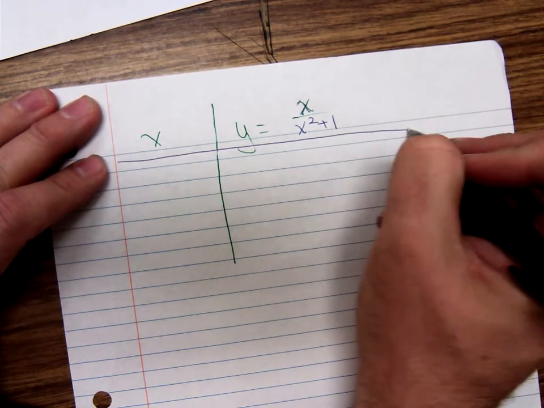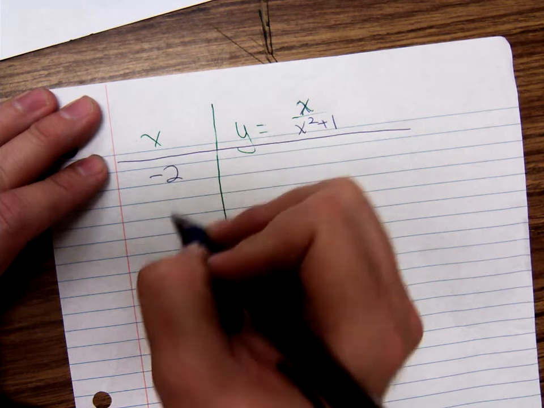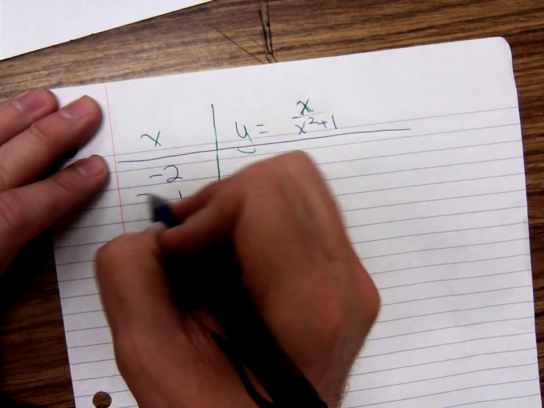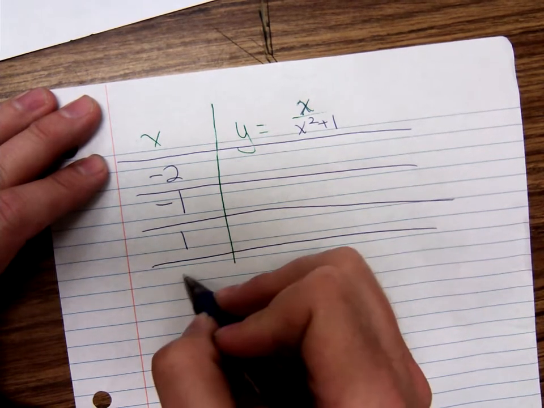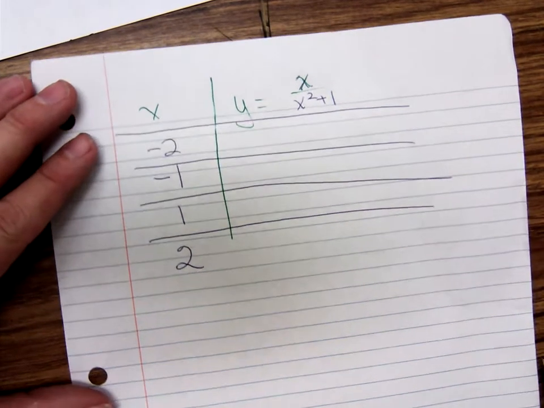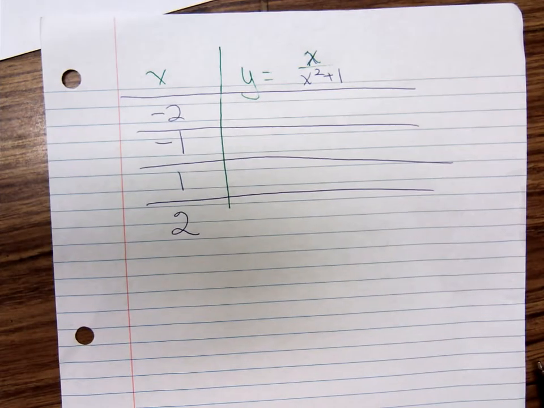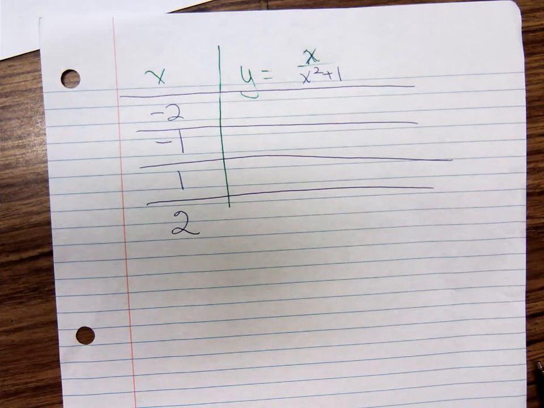I have to plug in -2, -1, +1, and +2. Which of these numbers gives the biggest y value? Which gives the smallest y value?